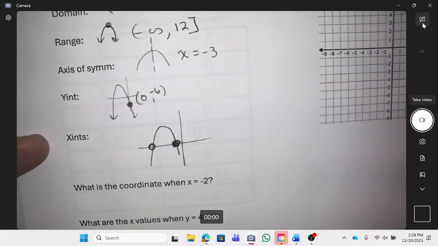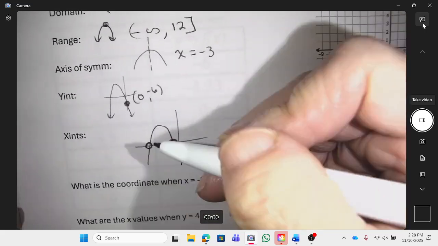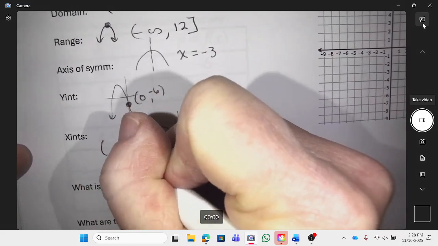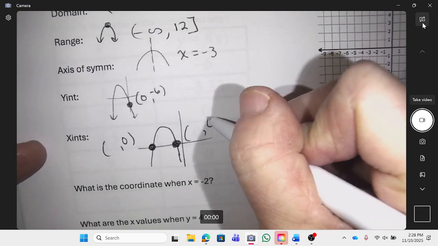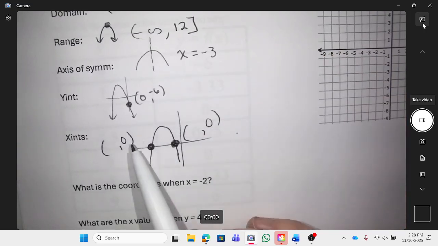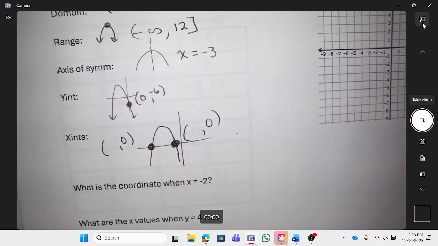Okay, this time we're doing x-intercepts. So the coordinates are going to be like this now. Y is 0. So this is what's happening. And this is a calculator. Remember this one?